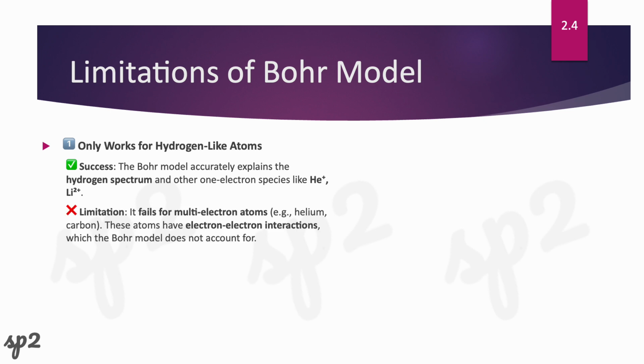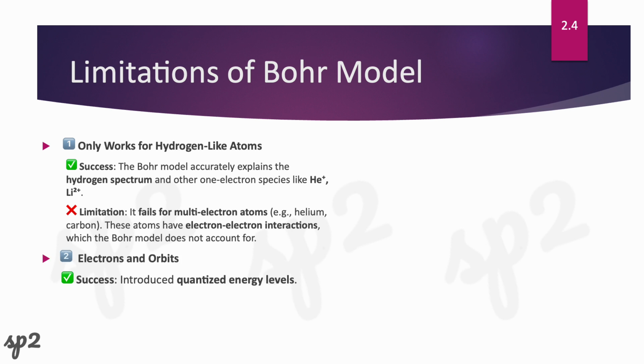But if you have more than one electron, let's say helium or carbon or any atom other than hydrogen, this model is not going to be helpful in studying their structure because the model does not know anything about electron-electron interactions.